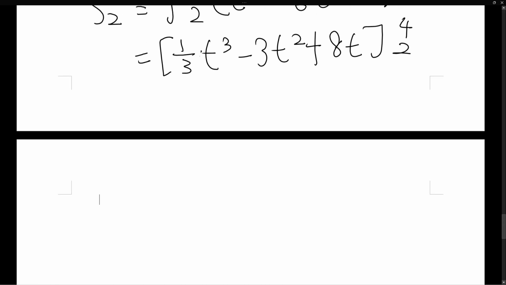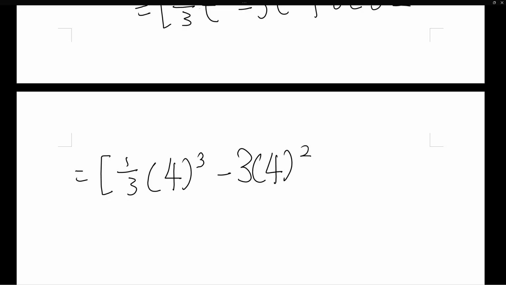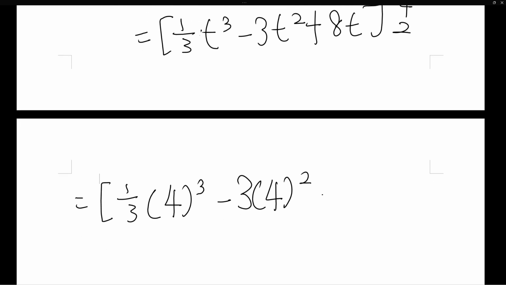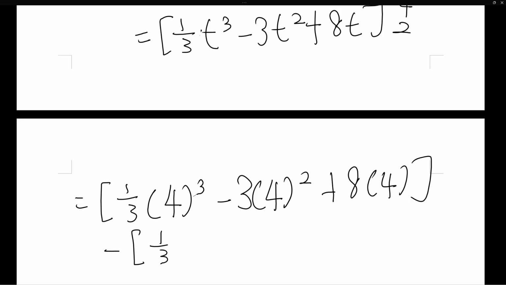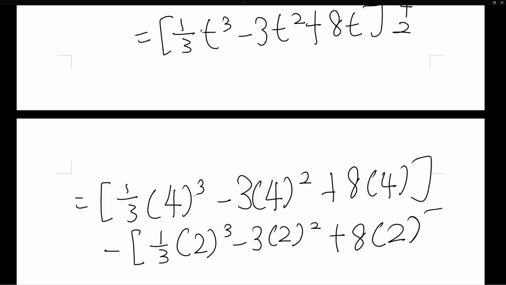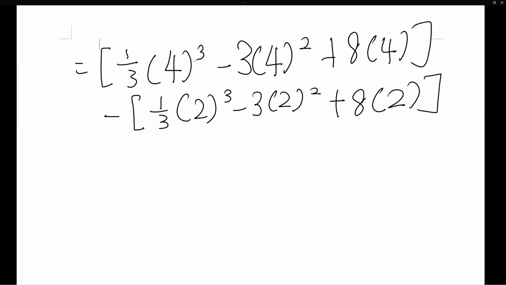So S2 equals 1 over 3 times 4 cubed minus 3 times 4 squared plus 8 times 4, minus 1 over 3 times 2 cubed minus 3 times 2 squared plus 8 times 2.